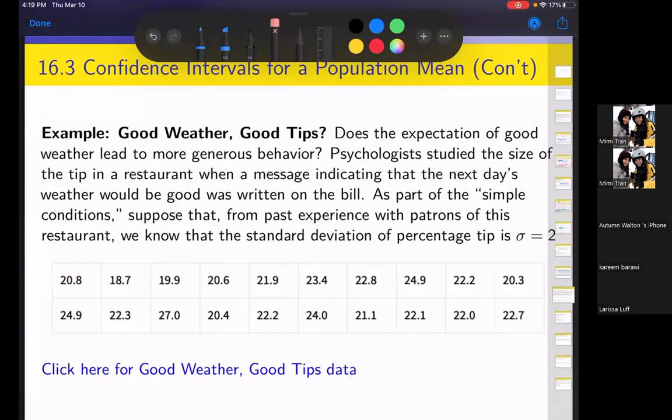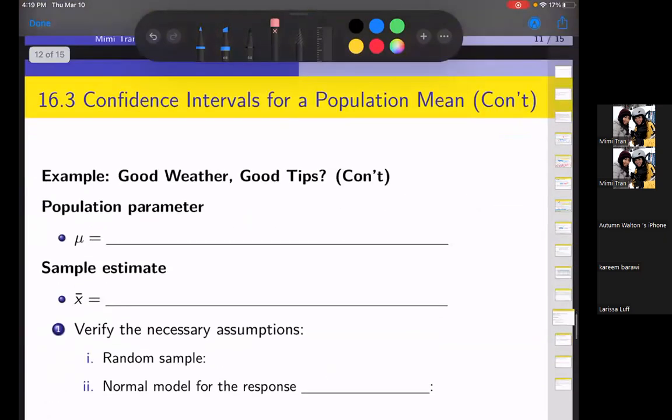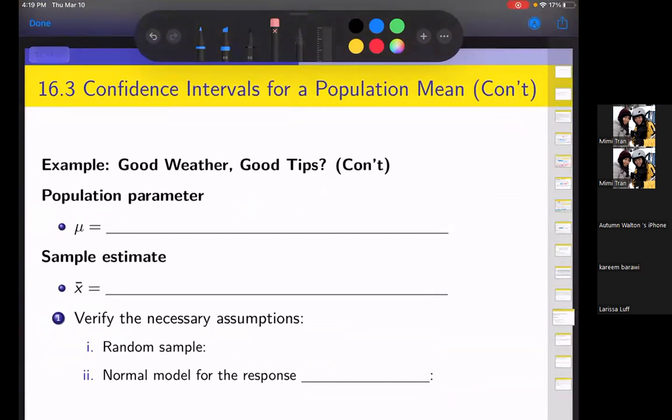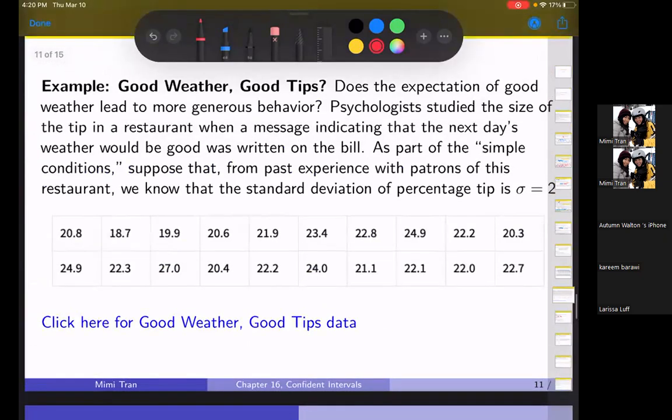Anyone? Go ahead, Rami. The average is... Just say, in context, mu represents the population average of percentage, right?